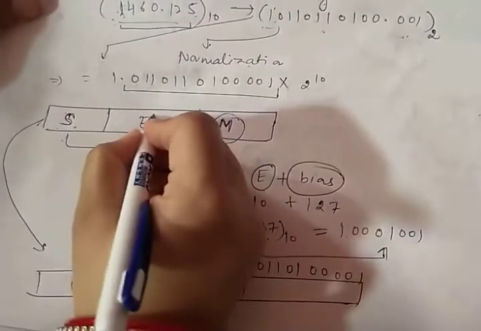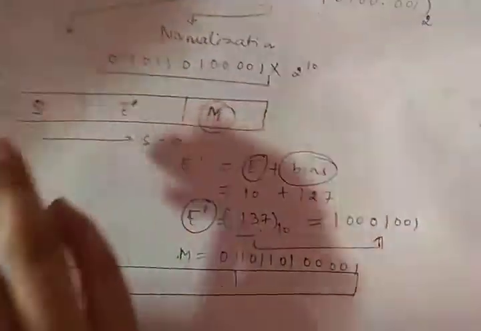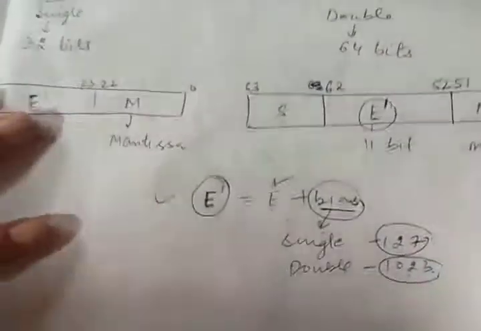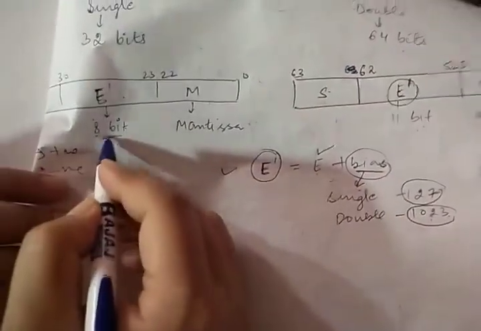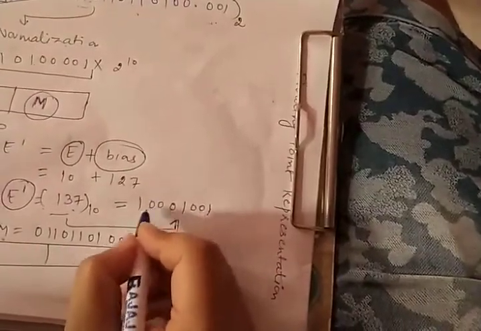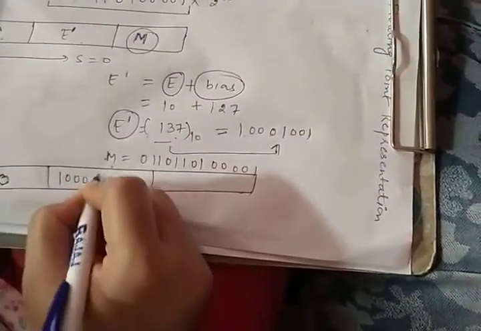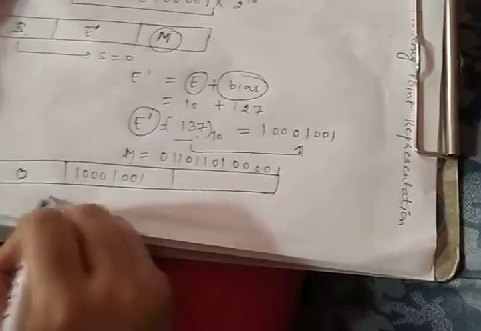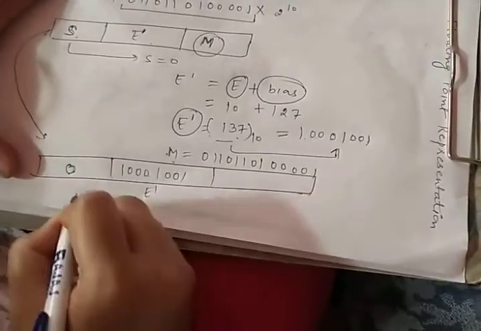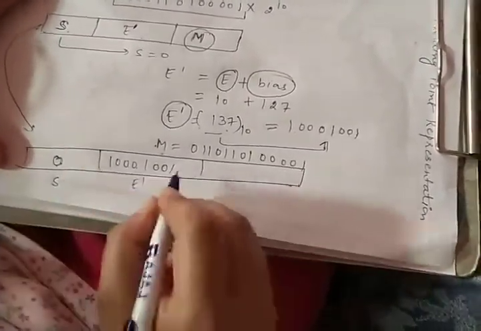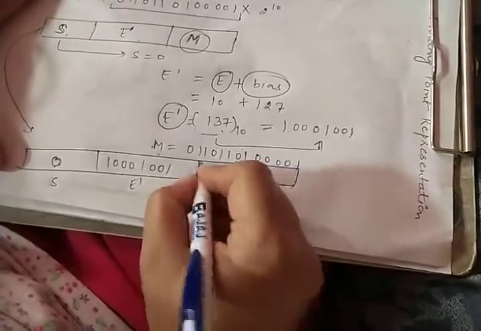Earlier, e dash had a value of 8 bits here, and you can see this number is also 8 bits, 1 2 3 4 5 6 7 and 8. So this 8 bits will be reserved, that is 0001001. So this is our modified exponential part. This is the sign bit, and now this part is reserved for the mantissa part.